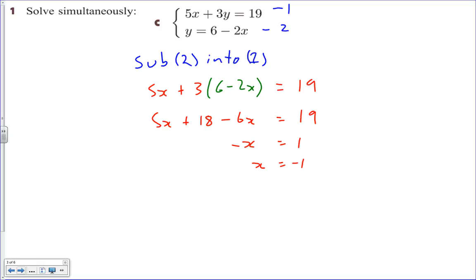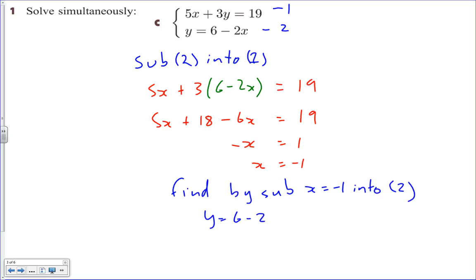So we're going to find y by sub x equals negative 1 into 2. So I have y equals 6, take 2, negative 1. So y equals 6 plus 2, so y equals 8.